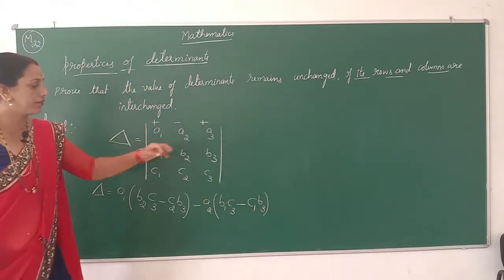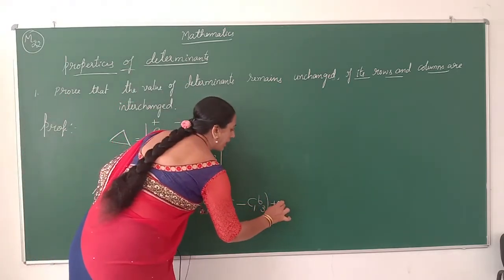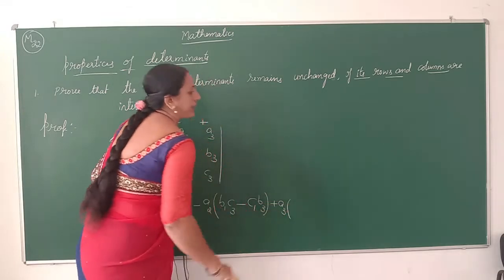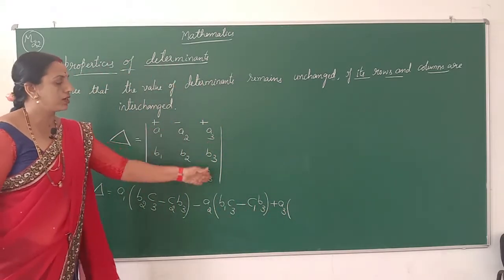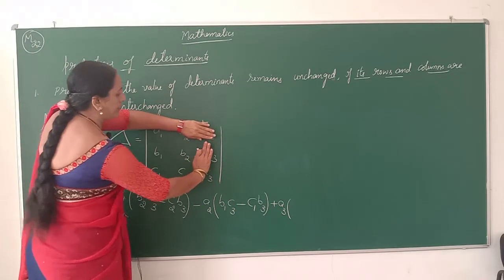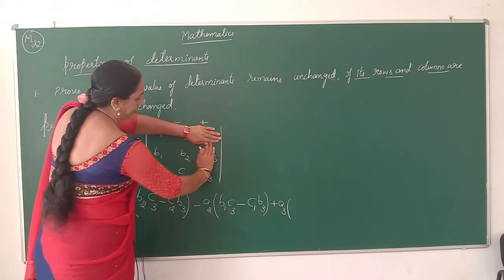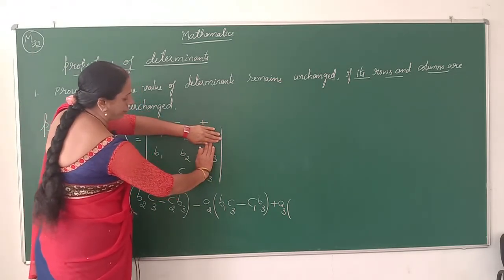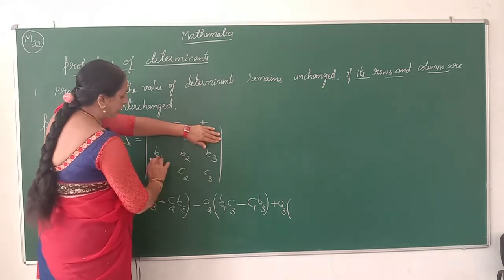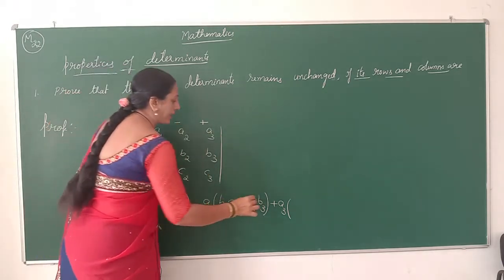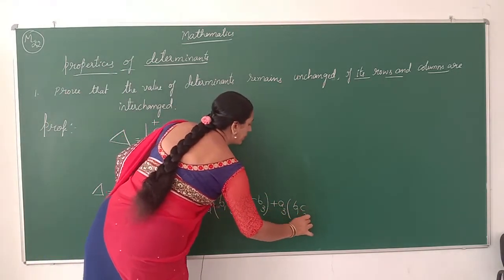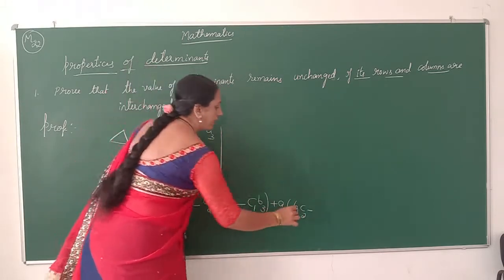Similarly, the third one is A3 of. A3 is an element of the first row and third column; these elements are neglected and the remaining elements form a 2 cross 2 determinant. Again cross multiplying, B1 C2 minus C1 B2.